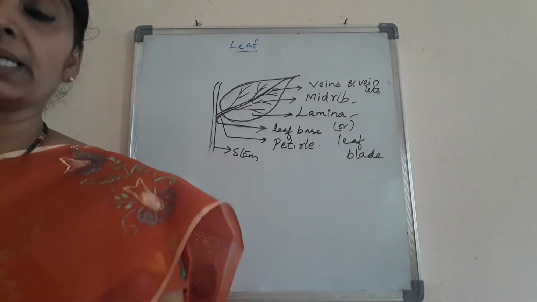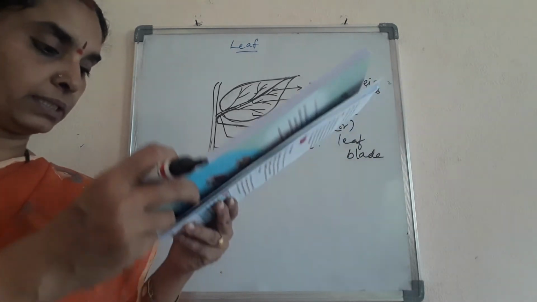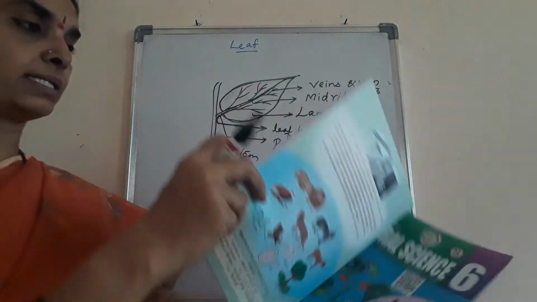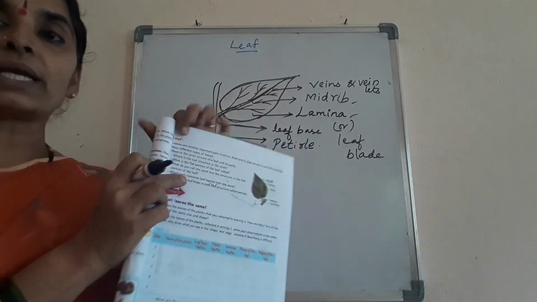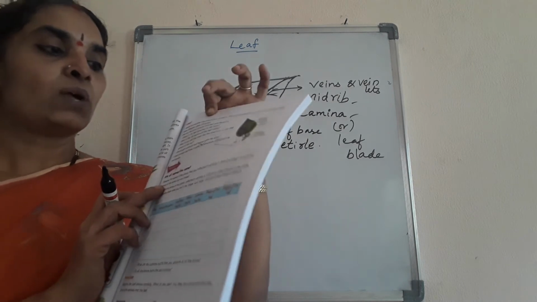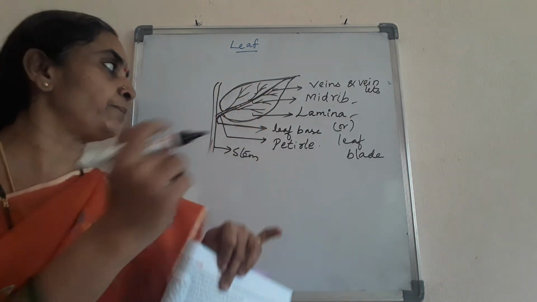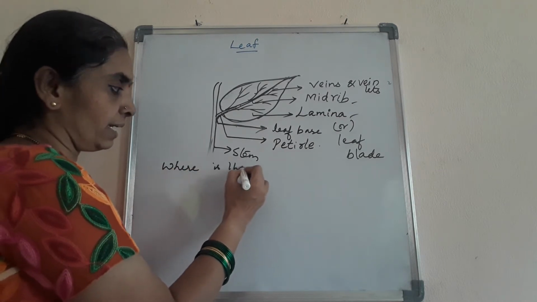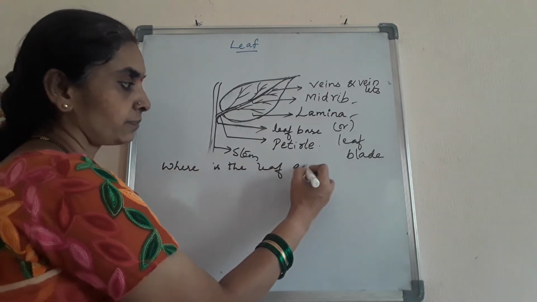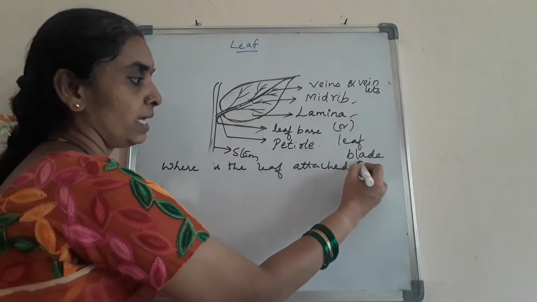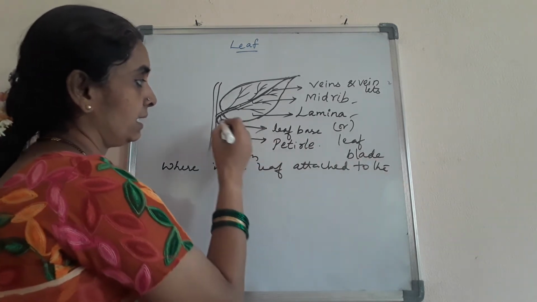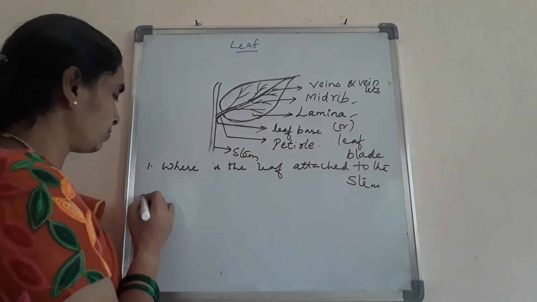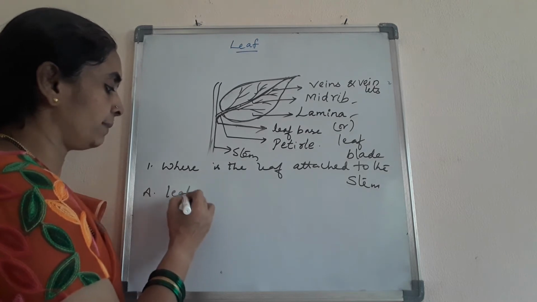If you open the textbook and see page number 17. Yes, it's 17. And you can see the different questions asked over here. Where is the leaf attached to the stem? Where is the leaf attached to the stem, ma? Note it down. The leaf is attached at the leaf base to the stem, isn't it?